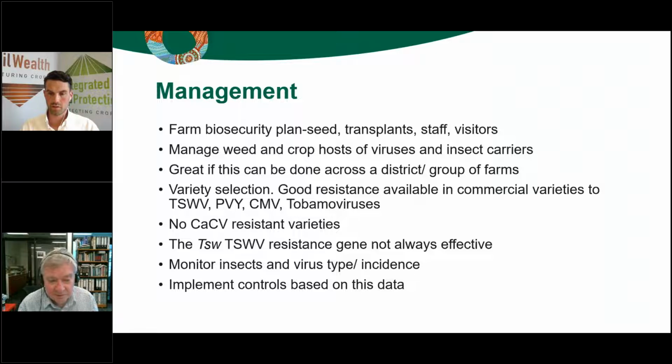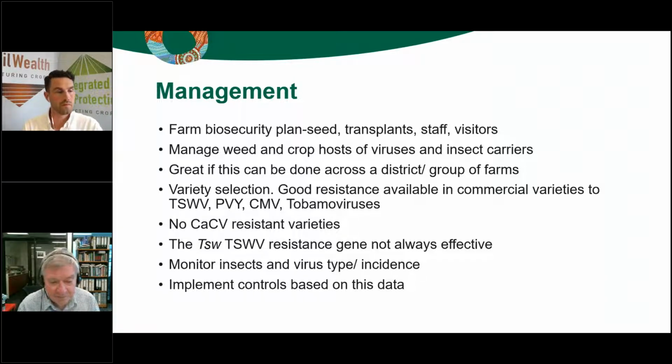With the tomato spotted wilt resistance, it is fairly vulnerable to breakdown, but in most cases in field production in Australia, it's still effective. And we can help maintain that, of course, by reducing the amount of virus pressure that it's under. So less pressure, then there's every chance the resistance gene will last for longer.